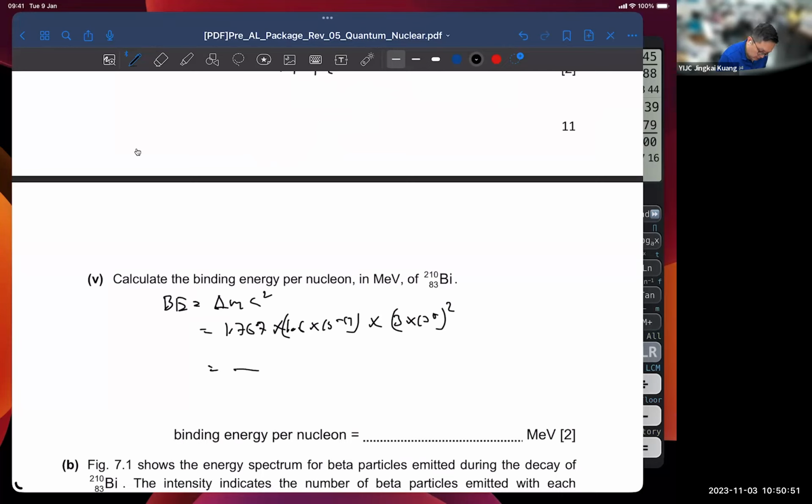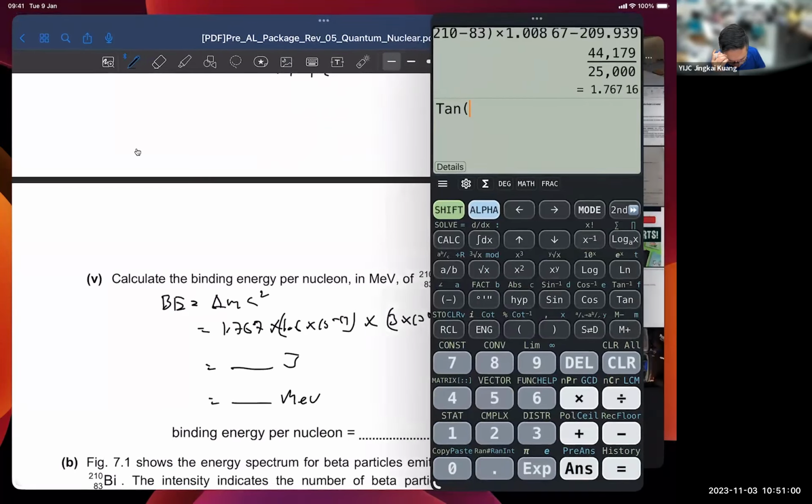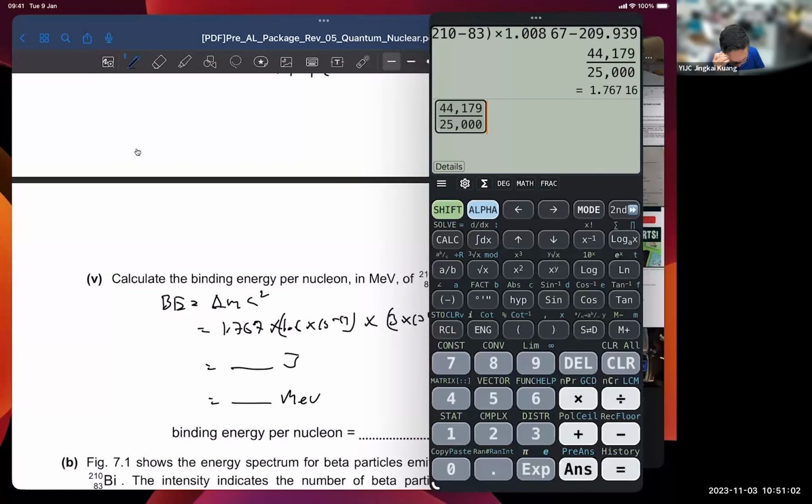Okay, you get this in joules, then convert into MeV.